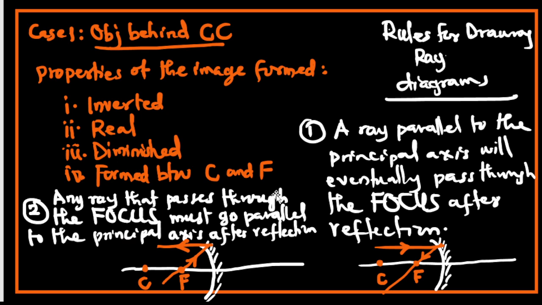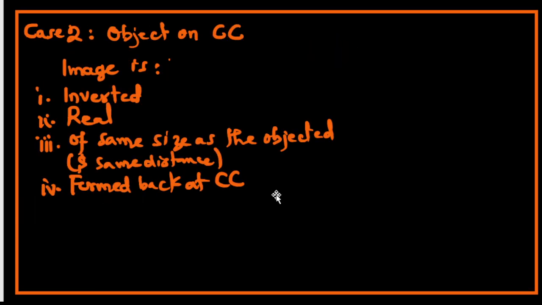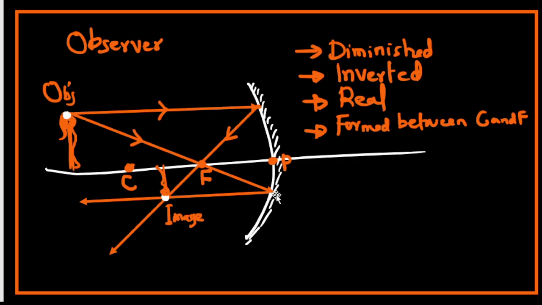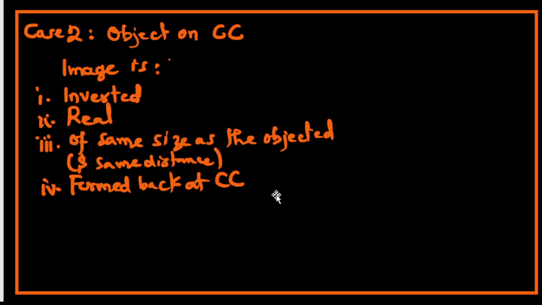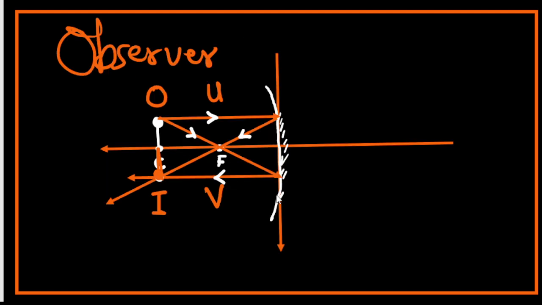When an object is behind C, the image is inverted, real, diminished, and formed between the center of curvature and F. This is the exact diagram that demonstrated that. Then for case 2, when the object is on C, the image is real, inverted, having the same size as the object, and formed back at C. And this is a diagram demonstrating that.